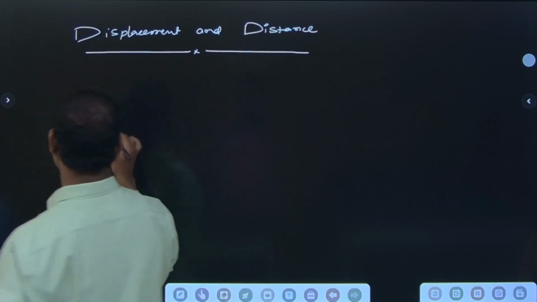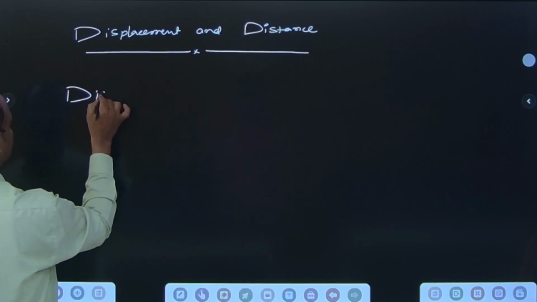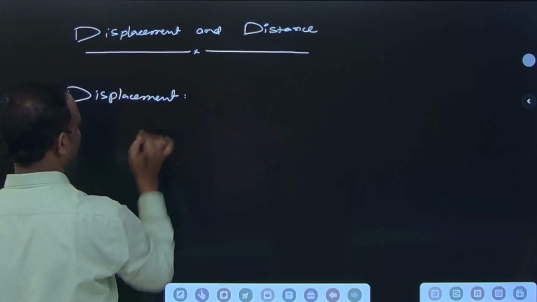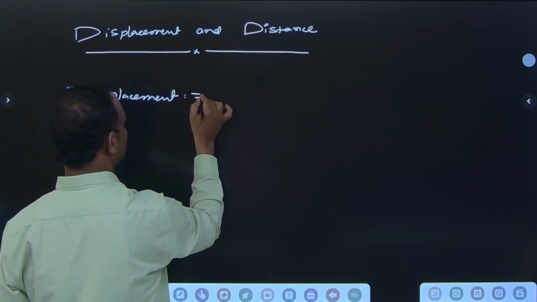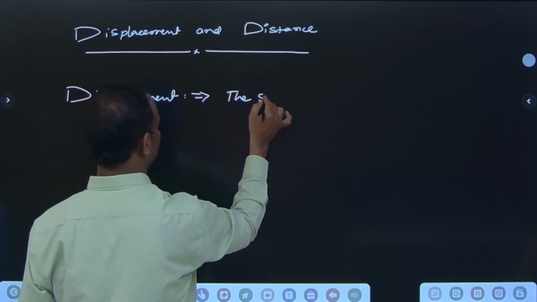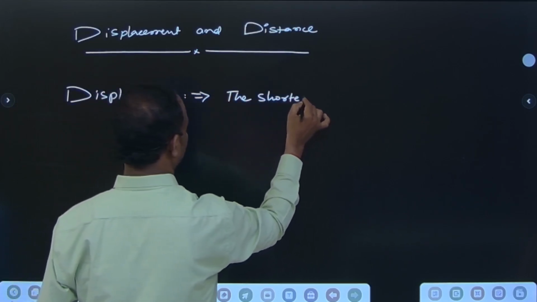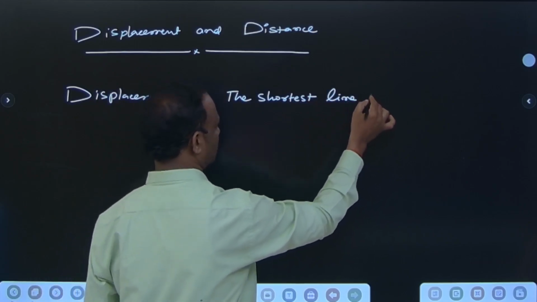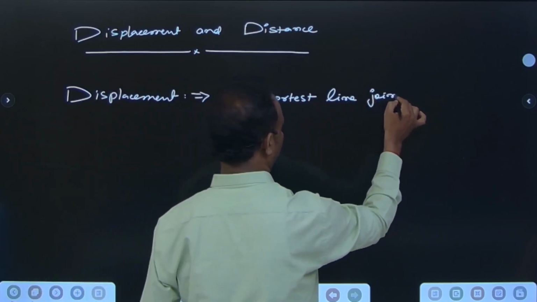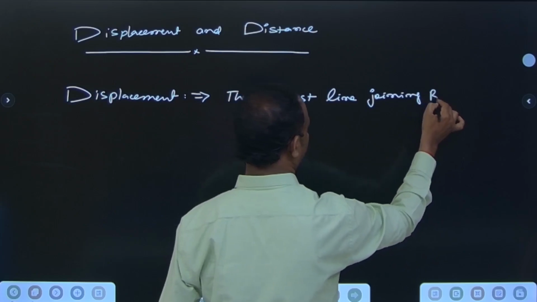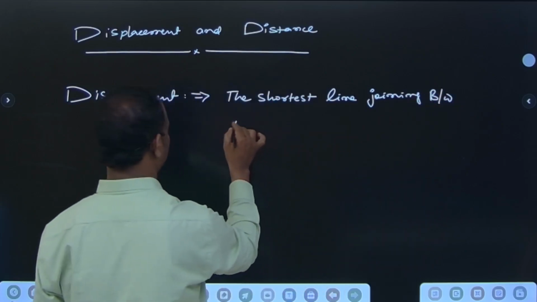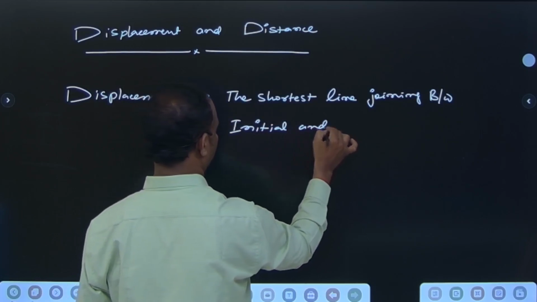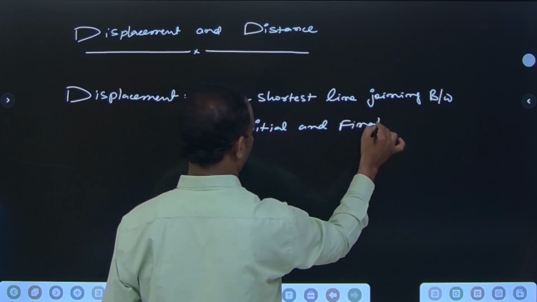When you speak about displacement, we should know it is the shortest line joining the initial and final points.